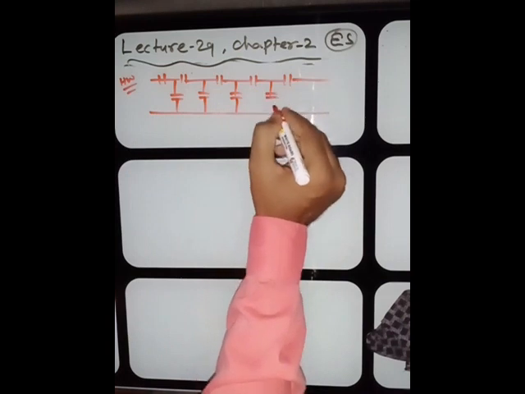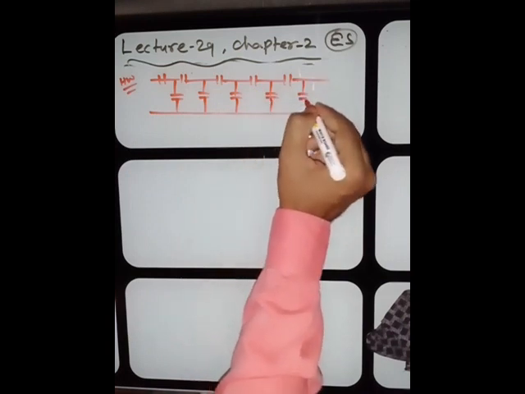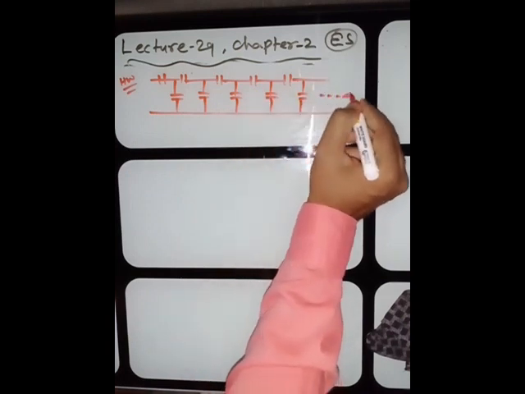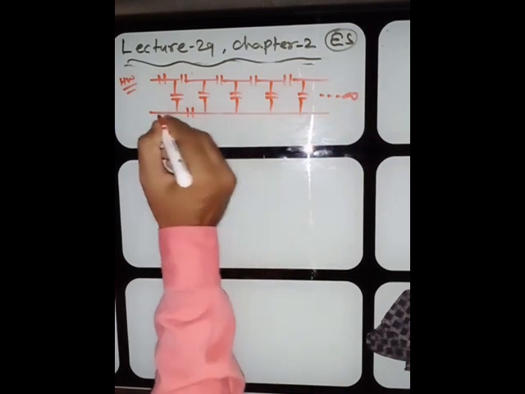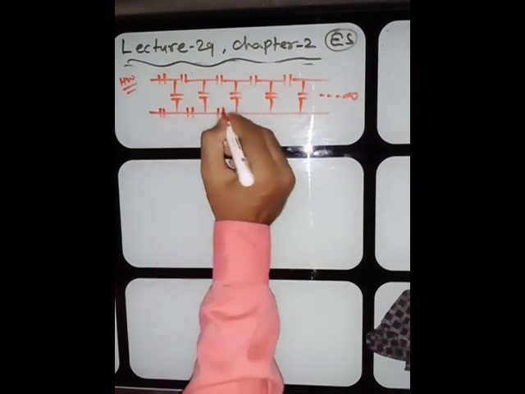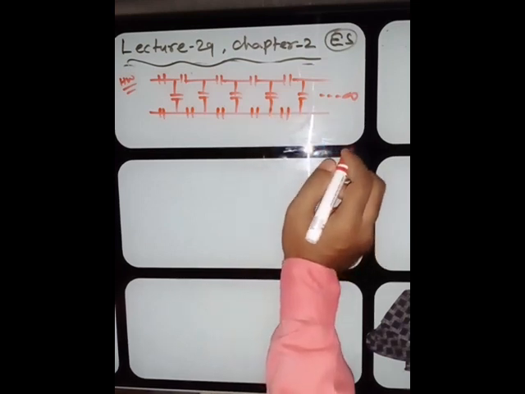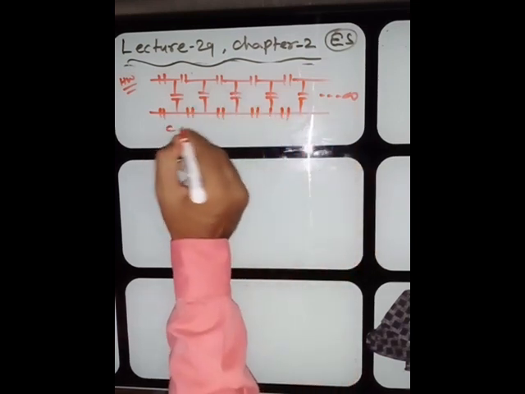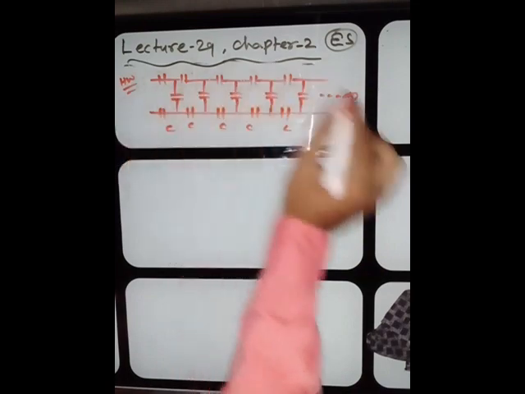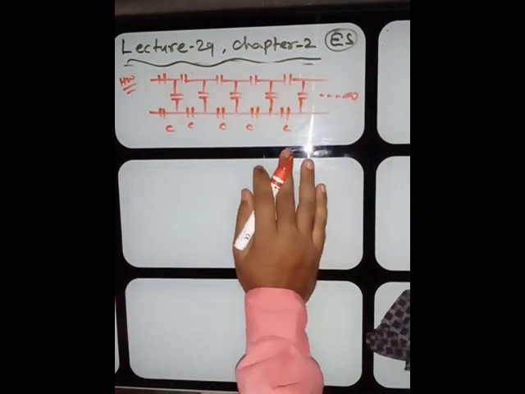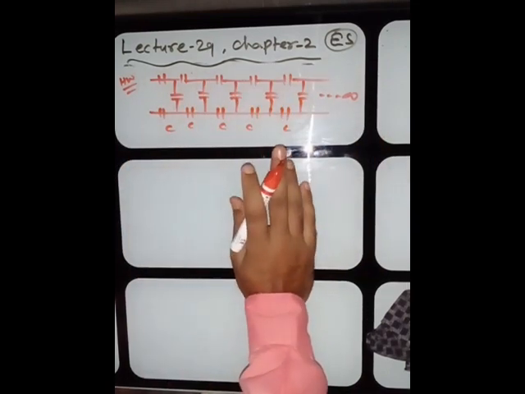All the capacitors are identical of value C, and it is going to infinity. So you have to find the equivalent capacitance of this network.